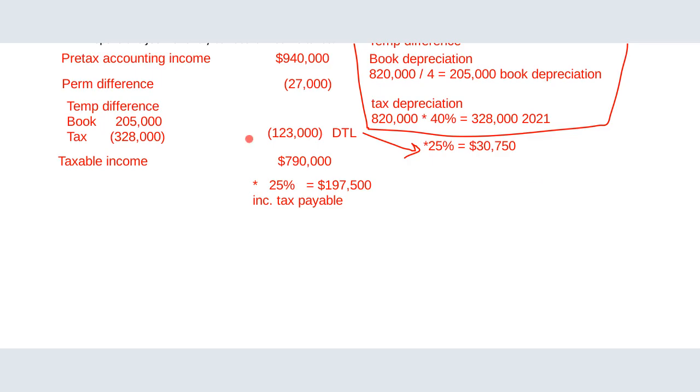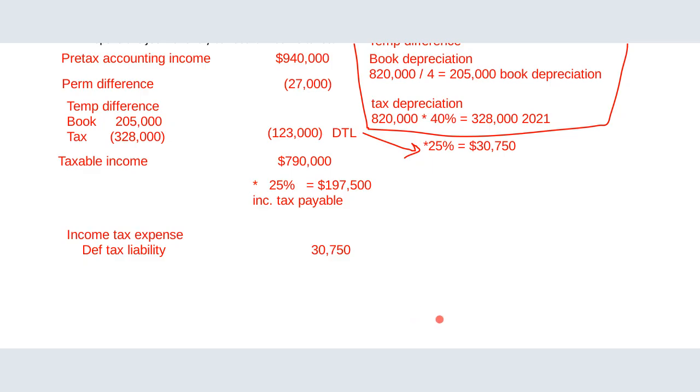Isn't this a great exercise for the exam? I think it's great because it includes all aspects, and it can really show how you understand where the temporary difference originates from. Okay, and so we have our income tax expense, and then we have our deferred tax liability of 30,750, right?